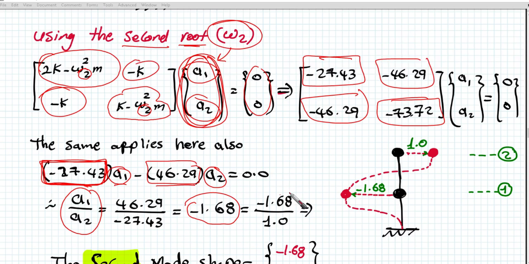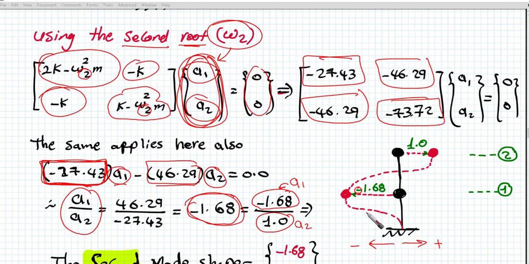It means that the ratio between A1 and A2 equals minus 1.68, as if A1 equals minus 1.68, as you can see here, and A2 equals 1. Take care of the value here and the minus. So if we say that going to the right is positive and going to the left is negative, this is the sign convention.